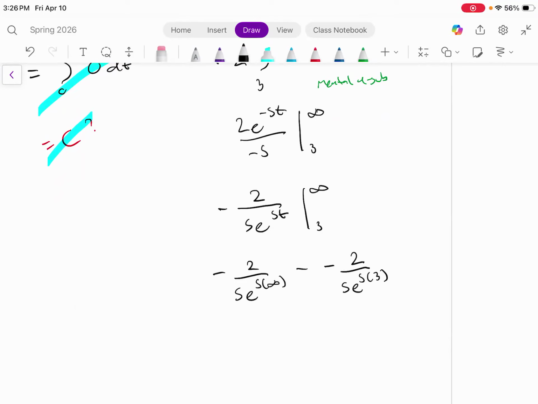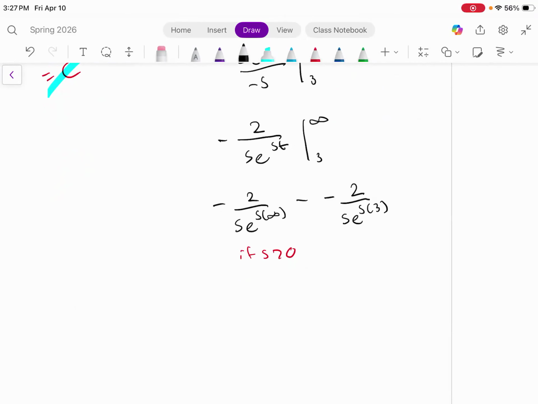So if s stays positive, then this term goes to infinity. Plus 2 over s e to the 3s.